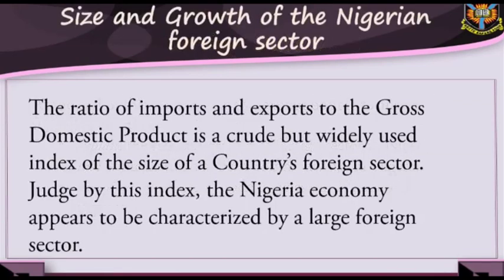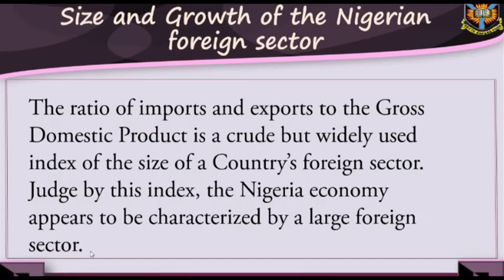Size and growth of the Nigerian foreign sector. The ratio of import and export to the gross domestic product is a crude but widely used index of the size of a country's foreign sector. Judged by this index, the Nigerian economy appears to be characterized by a large foreign sector.